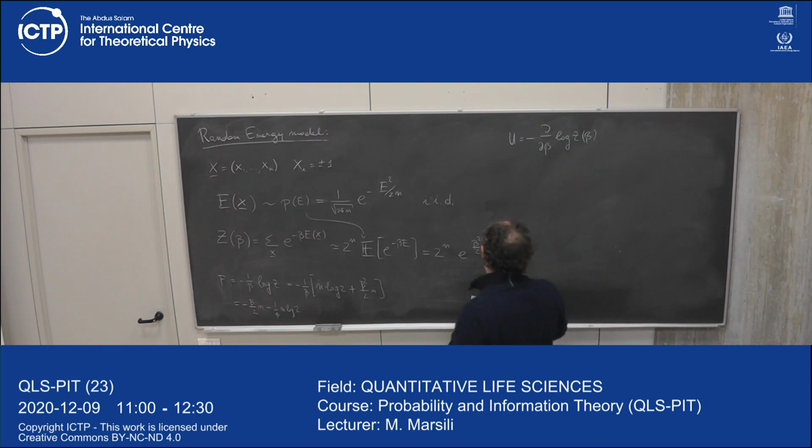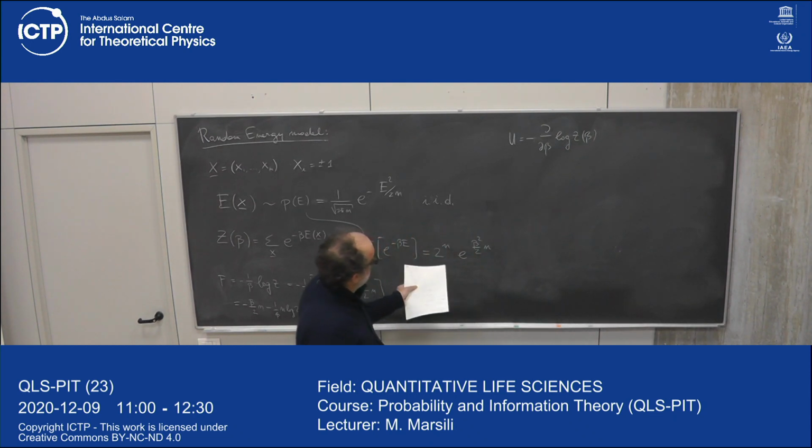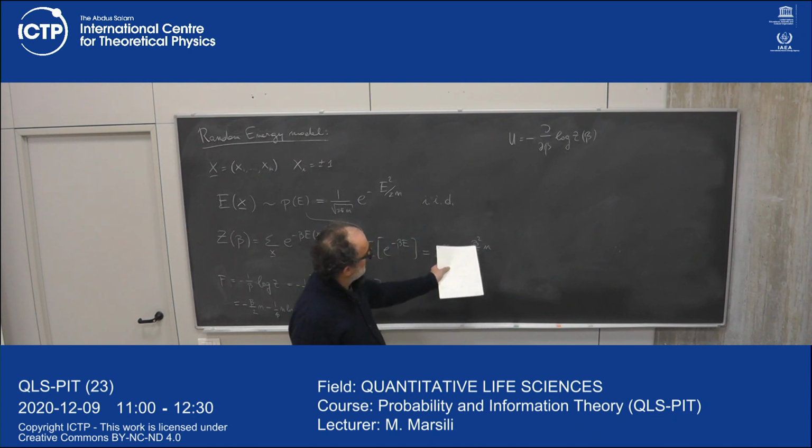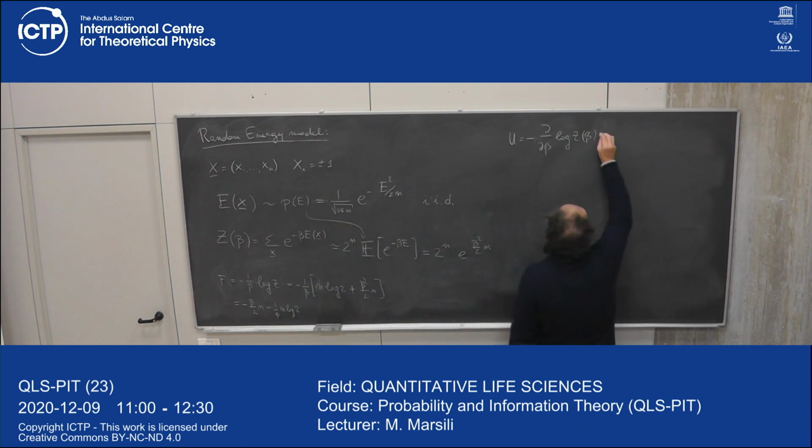And so you see that the log of Z of beta is beta squared over 2 times n plus a constant, and so the energy is just minus beta times n. Okay, it's very simple.